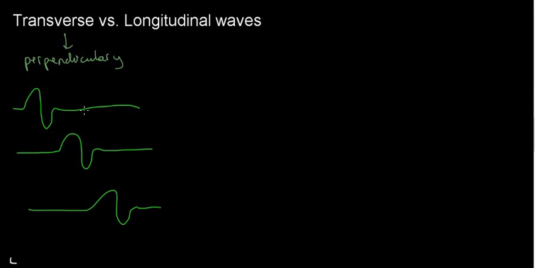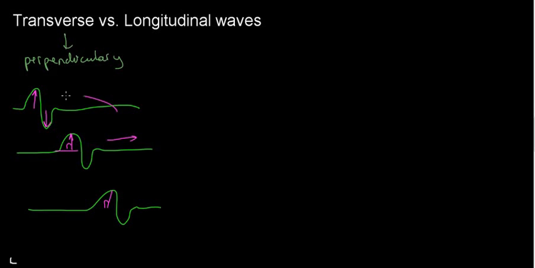So let's start using the terminology. And this disturbance is propagating. You can see that the amplitude of the disturbance is perpendicular. That means that the disturbance itself is in an up and down motion, whereas the direction is forward. So if the direction of the oscillation is perpendicular, just like so, this is a transverse wave.